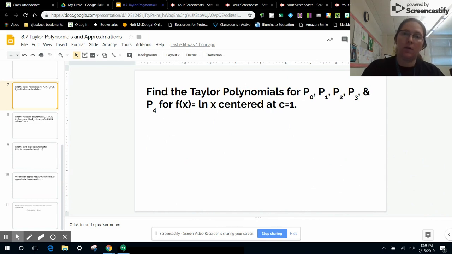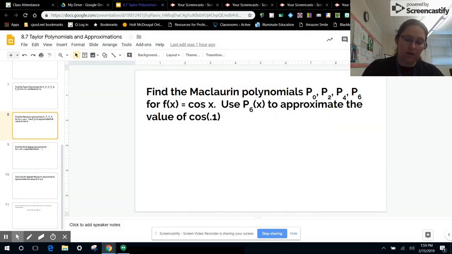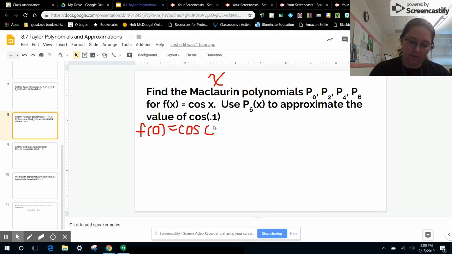Now the next one we're going to be doing Maclaurin. So Maclaurin means we're centered at 0. If it doesn't tell you what it's centered around and it says the word Maclaurin, we're centered at 0, meaning we will be using x. All right, so I want to find P0. For P0, I just need f of 0. So f of 0 is cosine of 0.